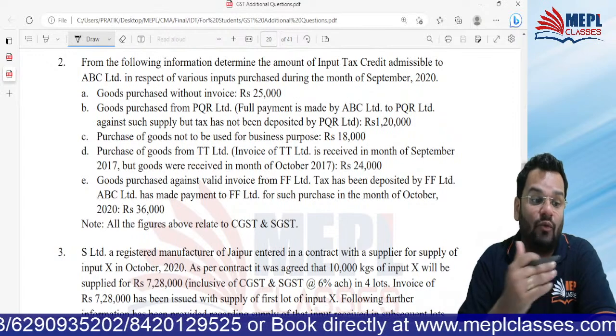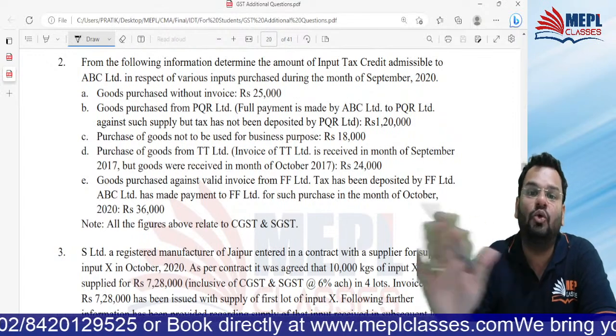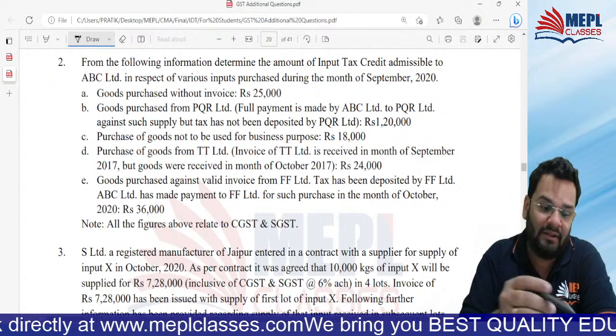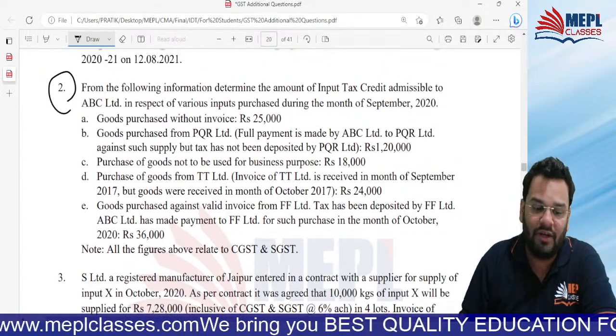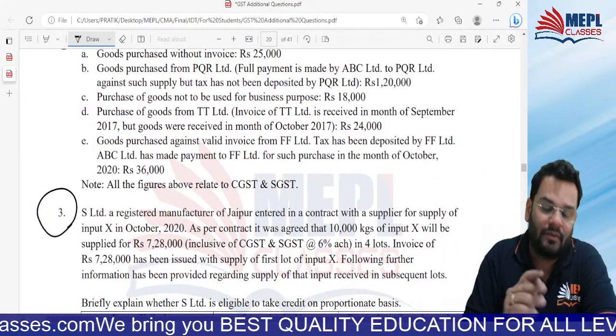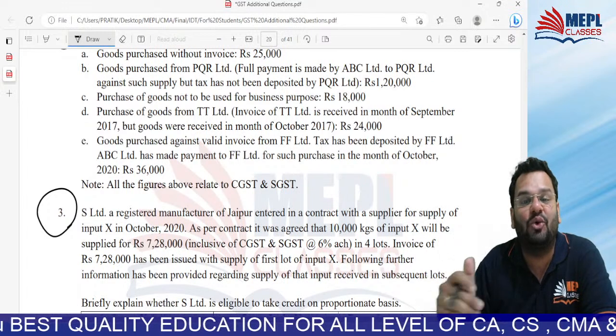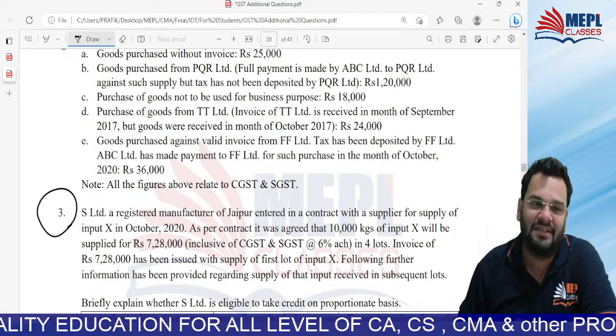If someone was not there yesterday, no need to worry; you will understand every point today via these questions. First we are dealing with question number 2 and question number 3, then we are going to go further in Section 16.